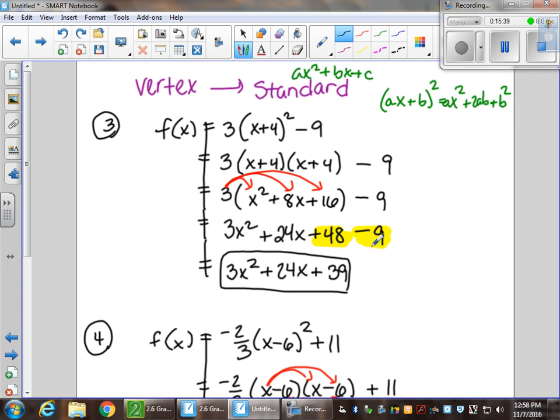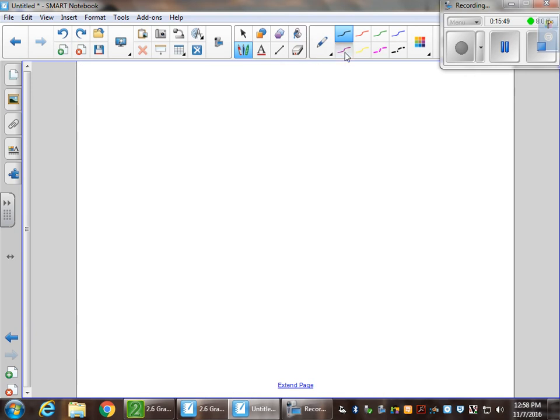But to move from standard to vertex, which is what we're about to talk about. So starting with standard and rewriting into vertex, that's going to require a new skill we haven't learned yet. This will be the new learning for today. It's called completing the square.